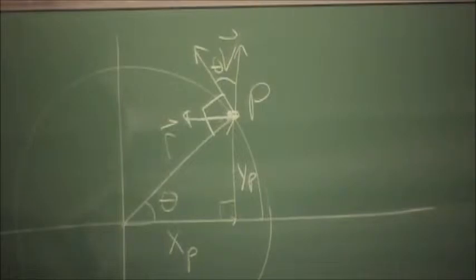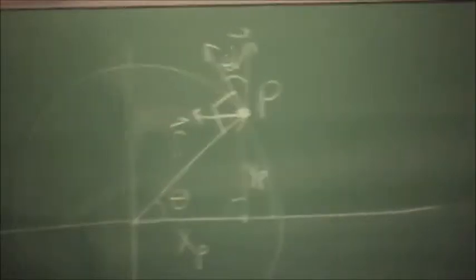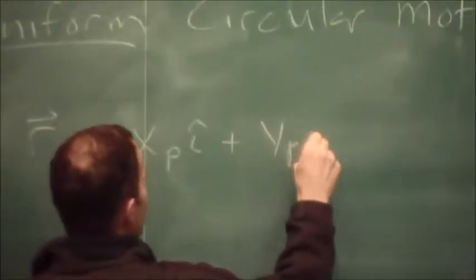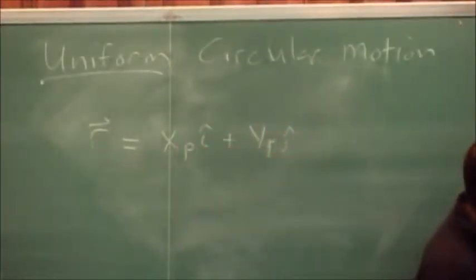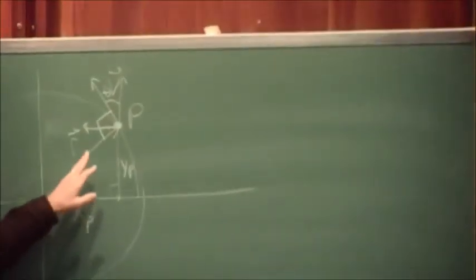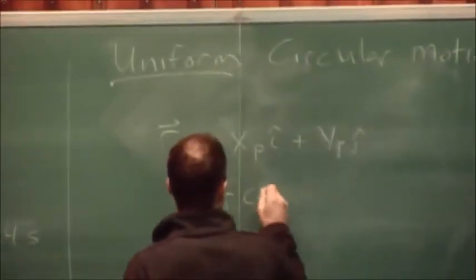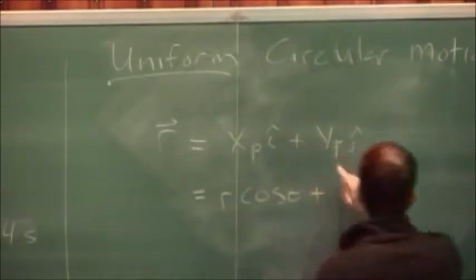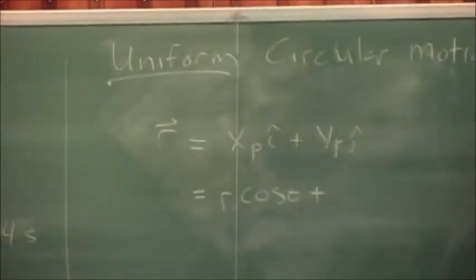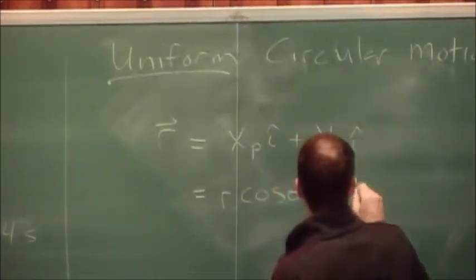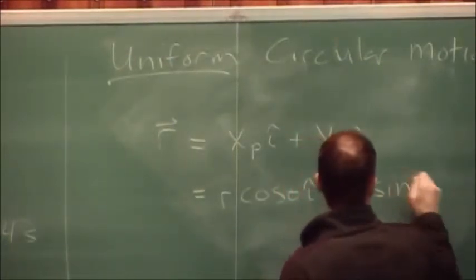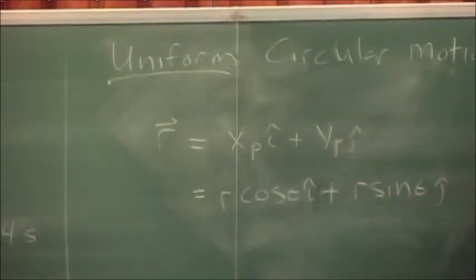I'm saying r is equal to x_p i hat plus y_p j hat, right? And I can say what x_p is. x_p is just the cosine of theta times r, plus y_p. y_p is just r times the, oops, sorry, that's the i hat. Plus r times the sine of theta j hat.